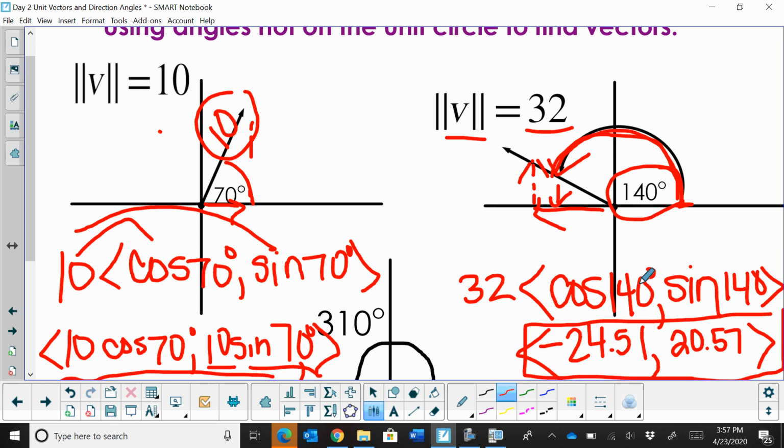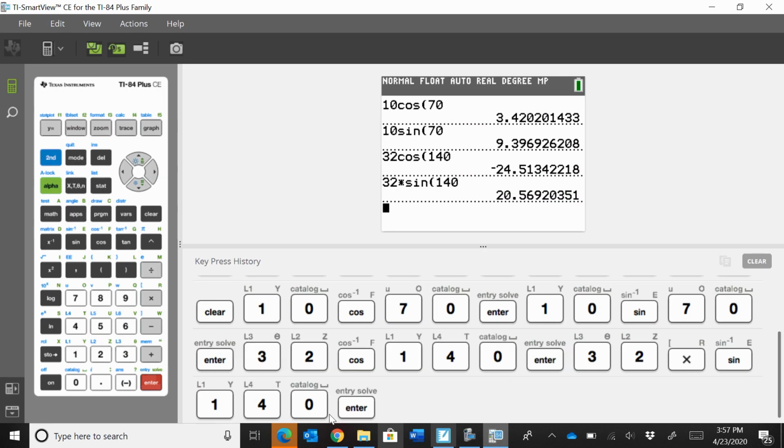Now, how could I check that? I can actually use the Pythagorean theorem with the negative 24.51 and the vertical direction of 20.57. I can use the Pythagorean theorem and see if I get 32. So let's just do a quick check.